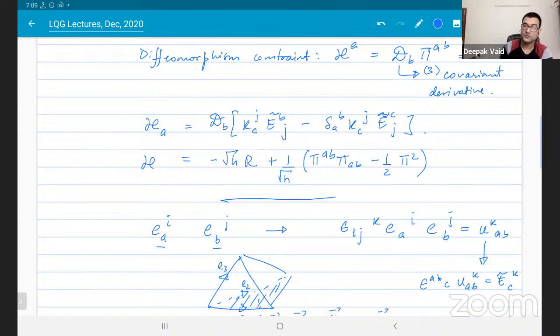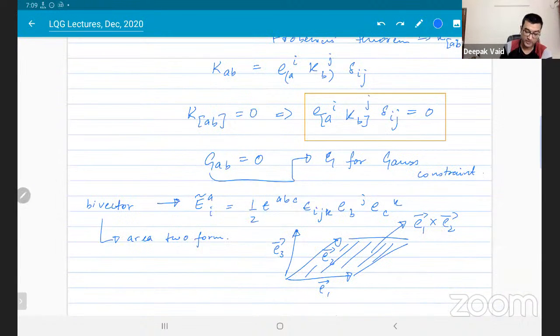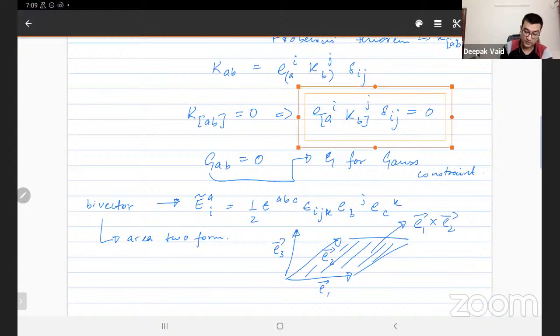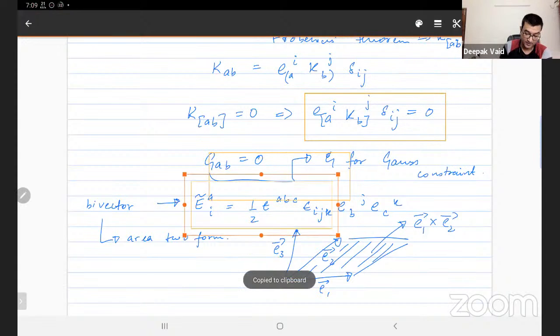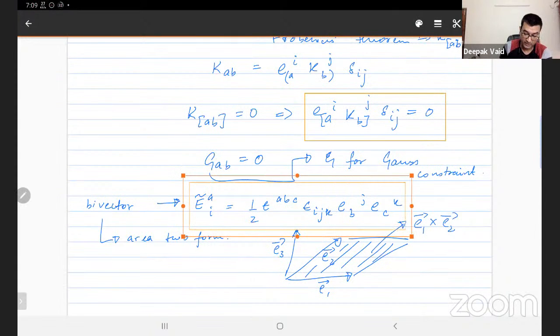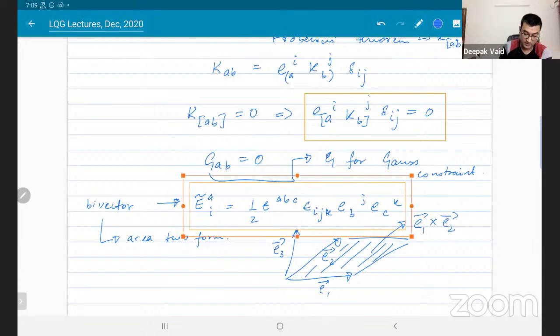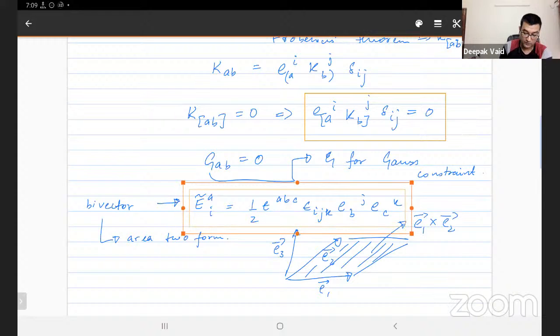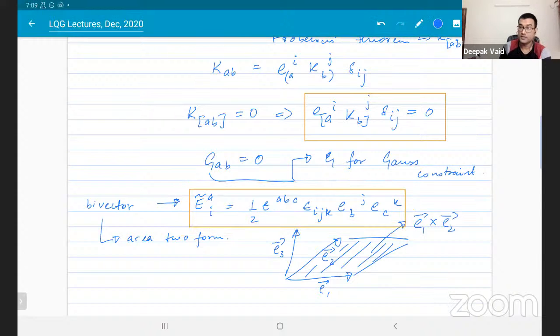Right. So that's related to the point that Mustafa had raised: why are we multiplying by this? If it's just the cross product, what is the second factor of epsilon doing in this picture?